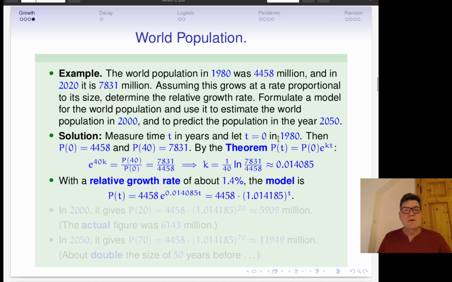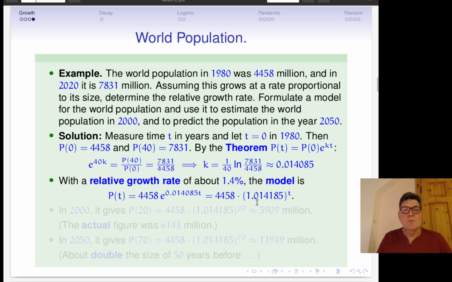Now we have an initial value, the p of 0, and the growth rate, and so we can now write down a model for the growth of the world population, or for the size of the world population over time, as 4,458 times e to the power k, this is 1.4%, times t, where we can compute e to the power k explicitly.